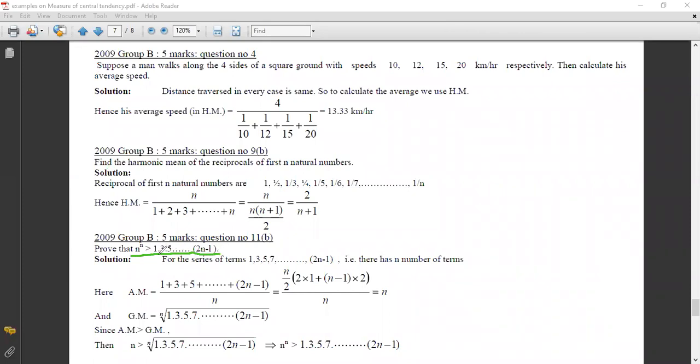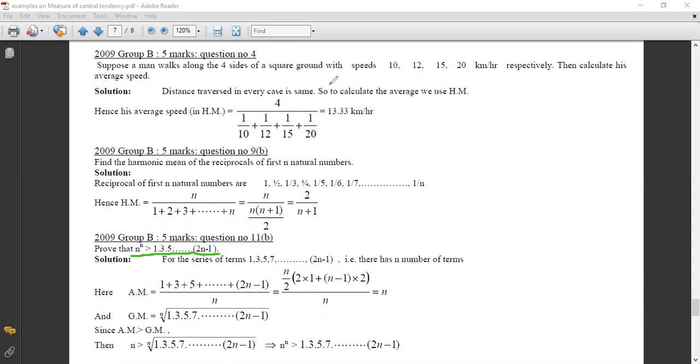The dot means into, multiplication. Prove that n to the power n is greater than 1 into 3 into 5 up to 2n minus 1. Prove that.